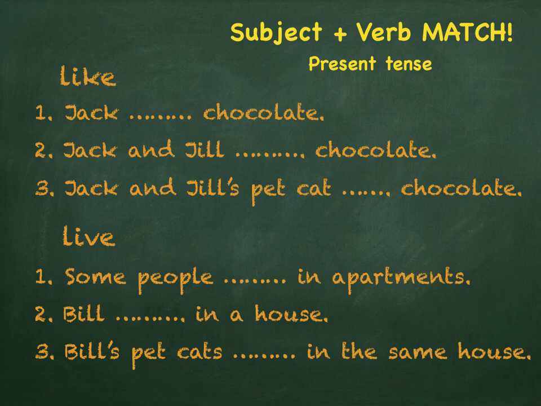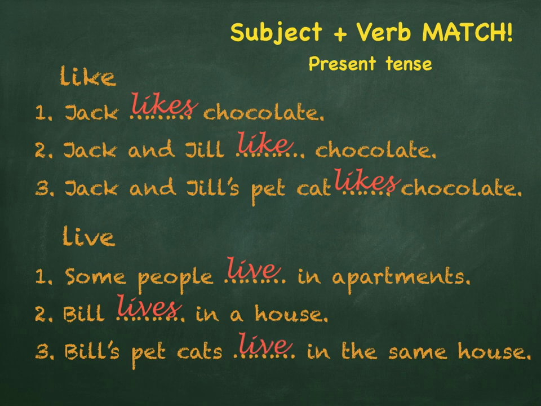Let's check the answers together. Here are the answers. And the second one. I'm sure these are easy to see and read, but you must take care to remember this point when you're writing.